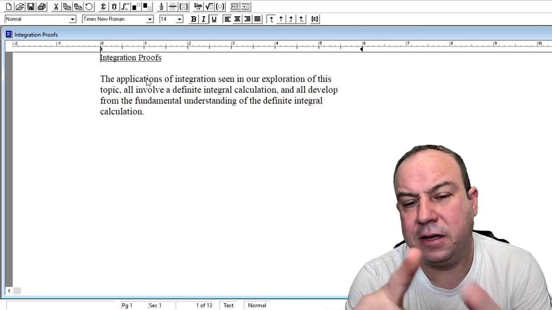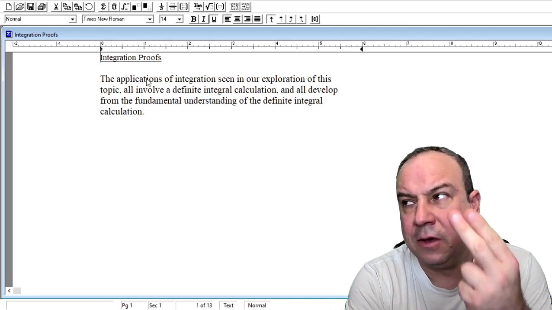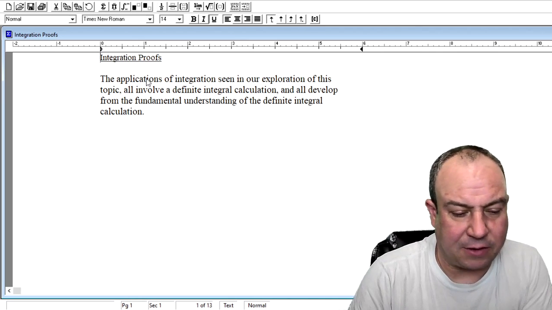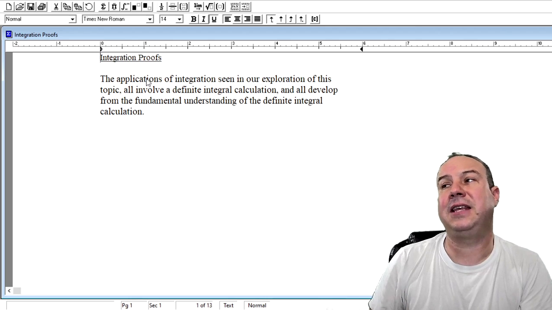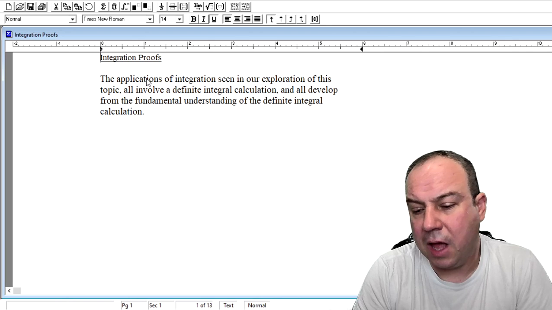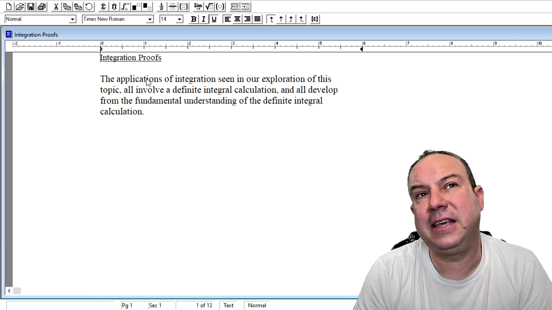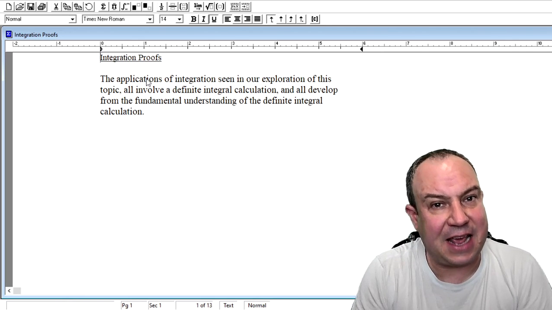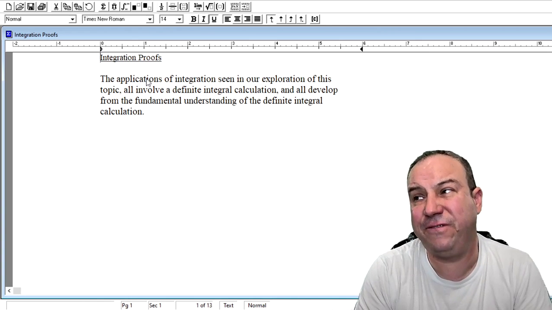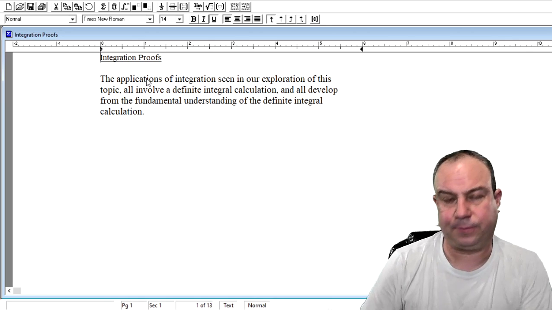When we take a limit and apply it to a Riemann sum, we end up forming what we call a definite integral calculation. And this developed back at the end of Calc 1 when we were introduced to the process of integration, when we were looking at the case of net area, or you may have had it presented to you as physical area.